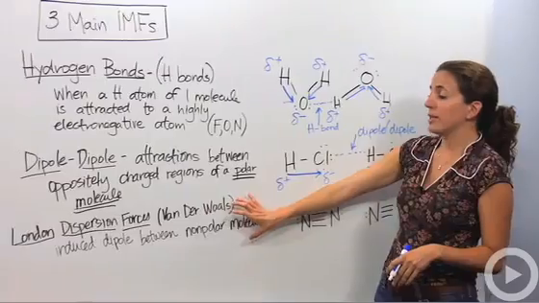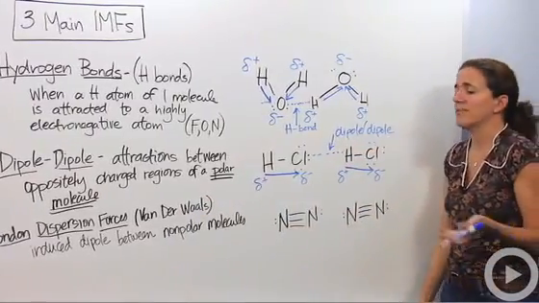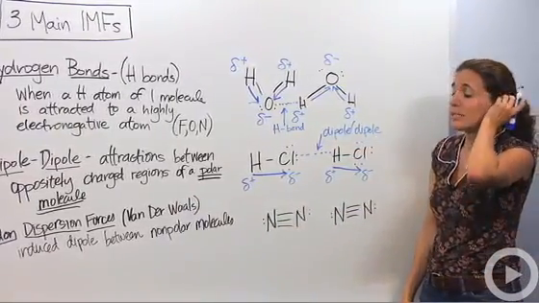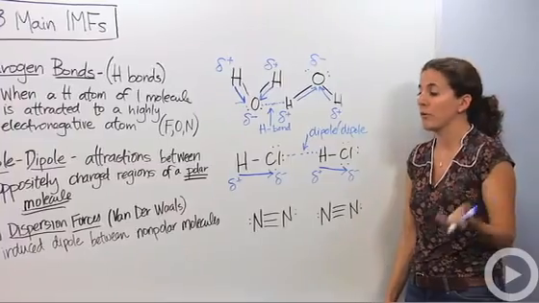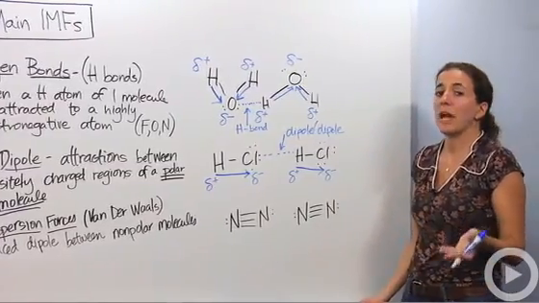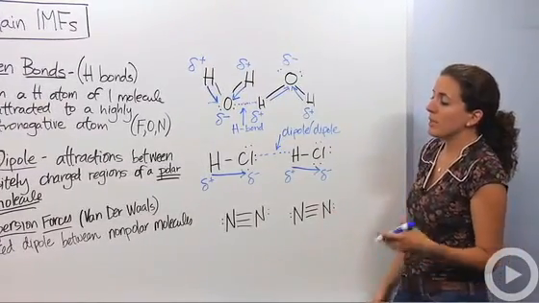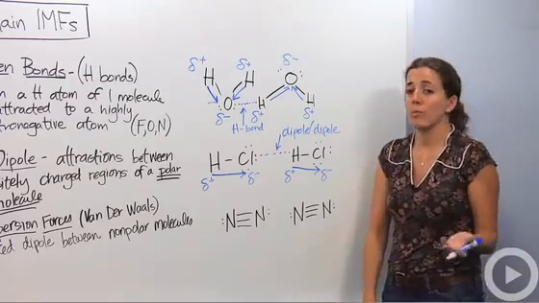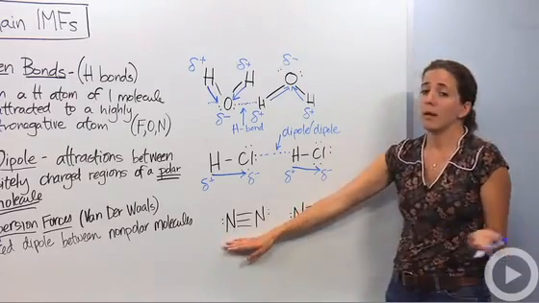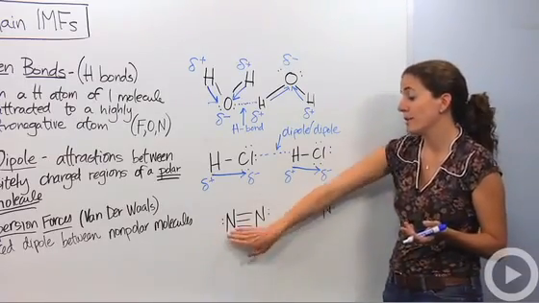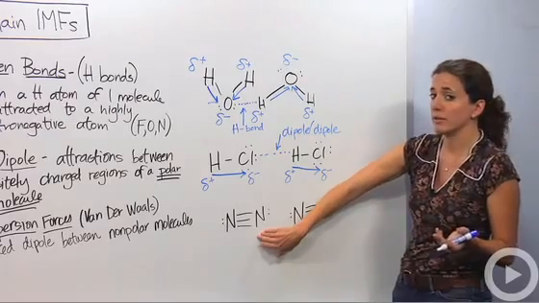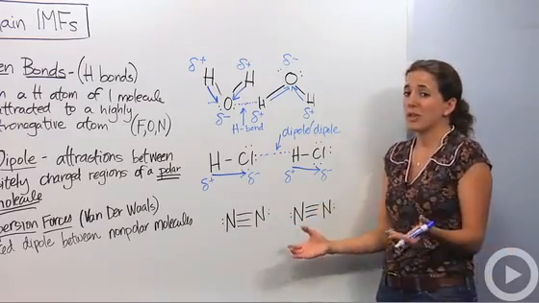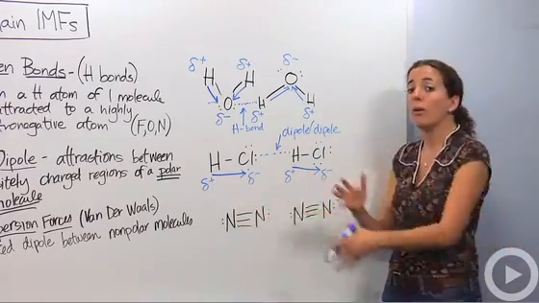The last one is London dispersion. You might have known that as van der Waals forces, or induced dipole. When something's induced, we kind of force it to be a certain way. It's called induced dipole between two nonpolar molecules. So here's nitrogen, which is nonpolar. Electrons are equally shared in this nitrogen as they are in this nitrogen. However, electrons are constantly moving, always in motion.